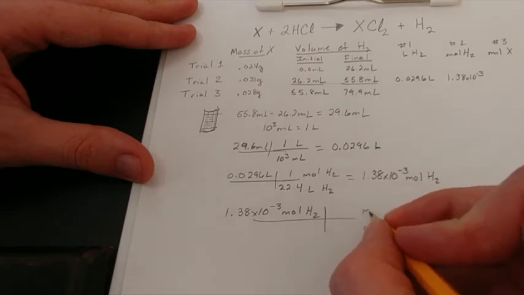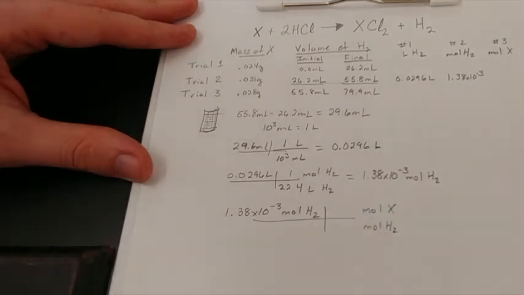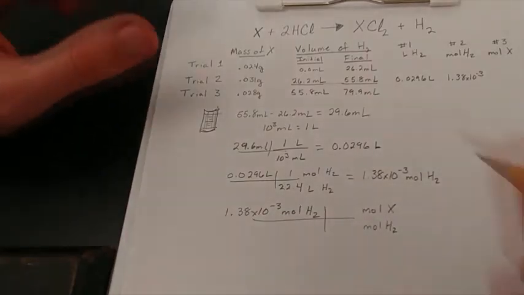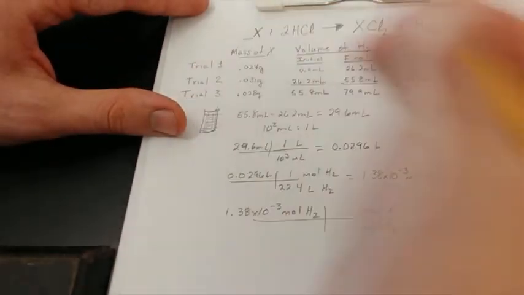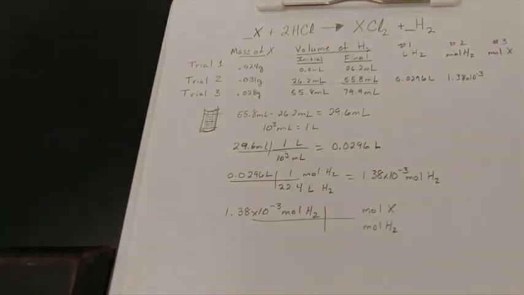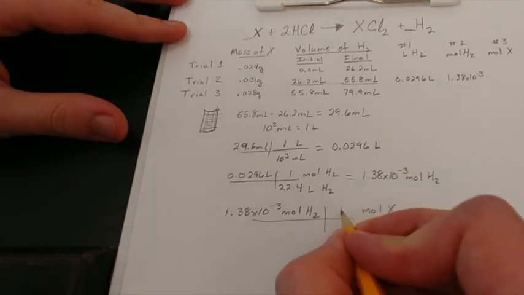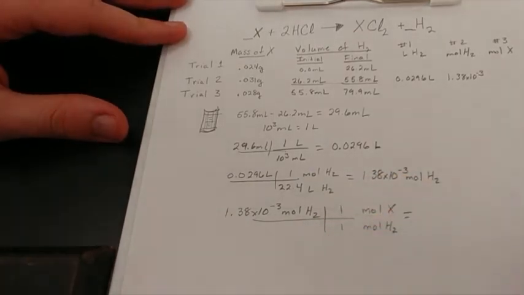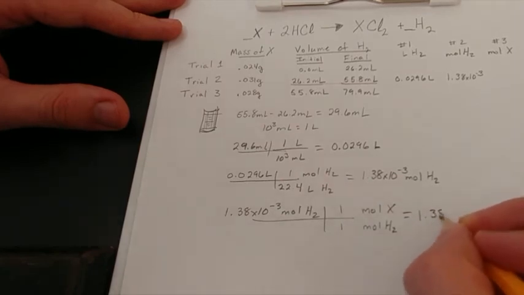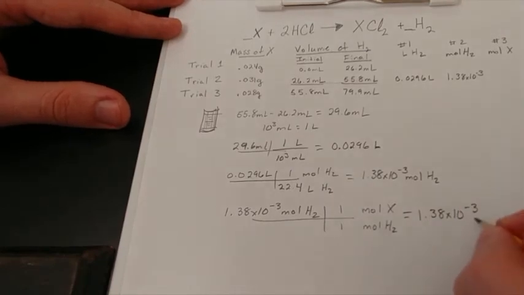So I want moles of X, right? Because I want to go to our metal. Now, for this, I'm going to look at the number that's in front of X and the number that's in front of H2, and you can see that they're both 1. So I'll fill this in with 1 and 1, and yes, the math is going to be super simple, and I'm going to end up with the same number, but a different unit.